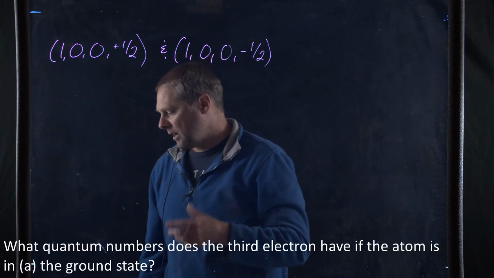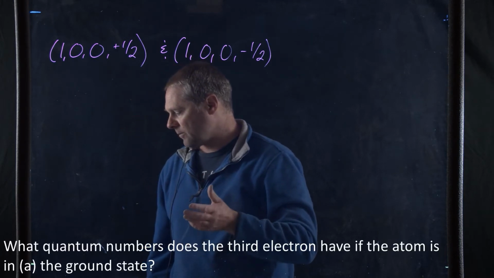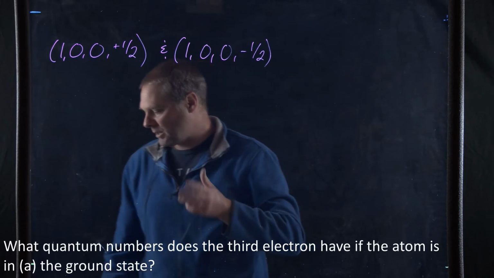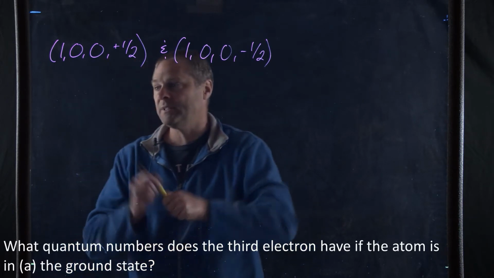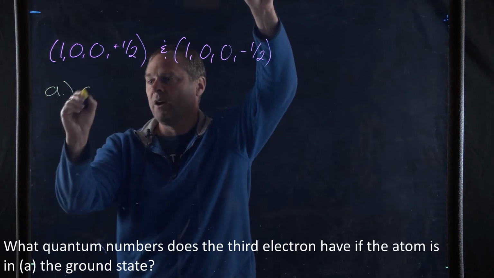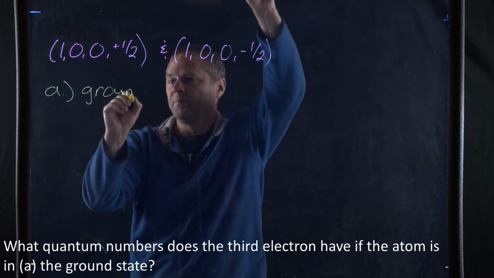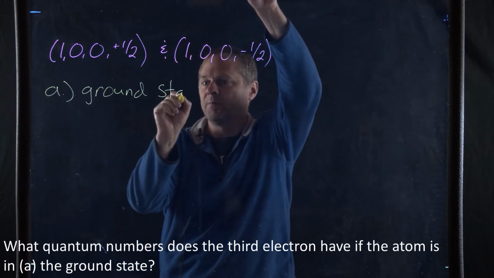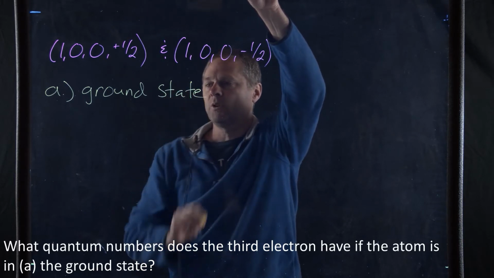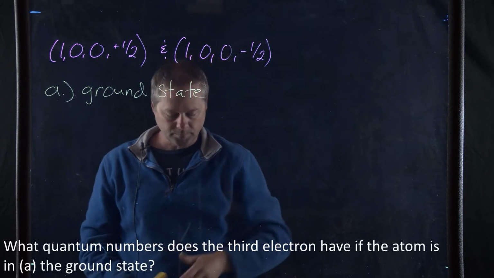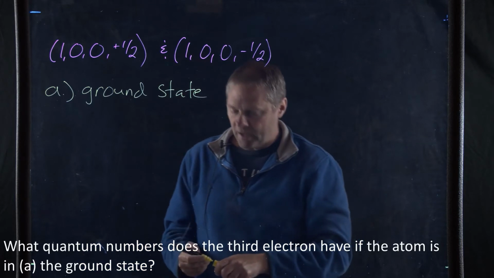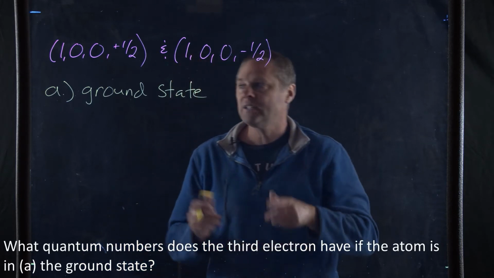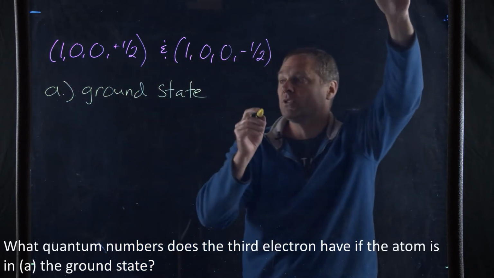What quantum numbers does the 3rd electron have if the atom is A, in the ground state? So we're looking at the ground state. Well, the 3rd electron is going to be in n equals 2.